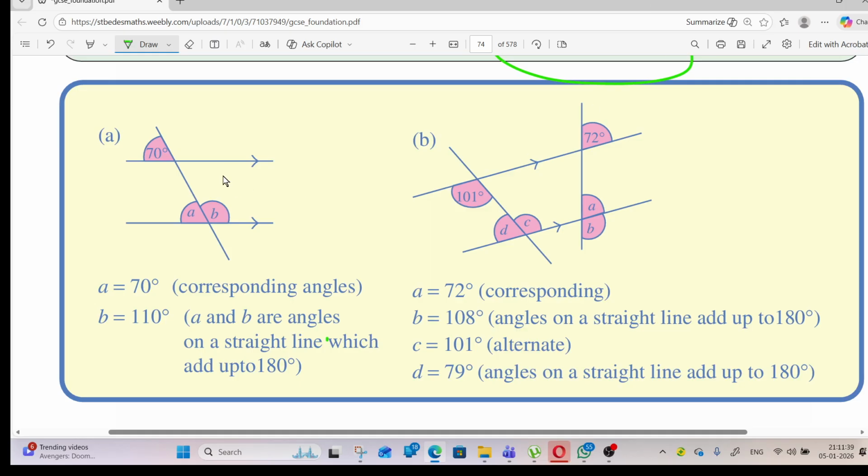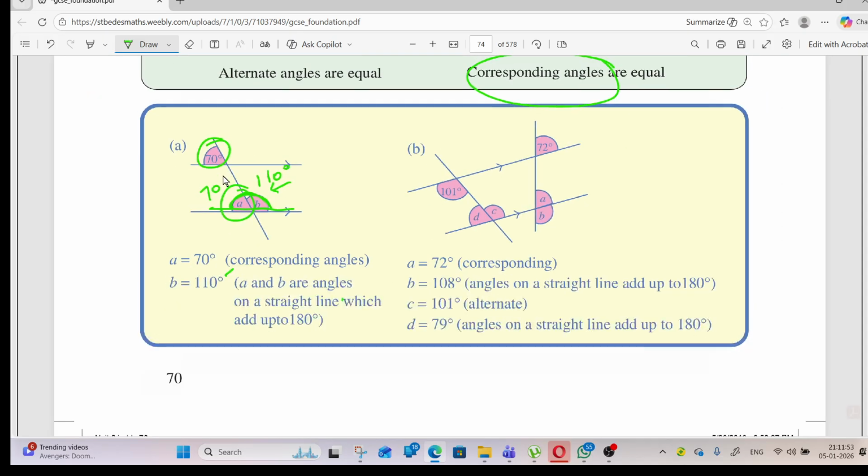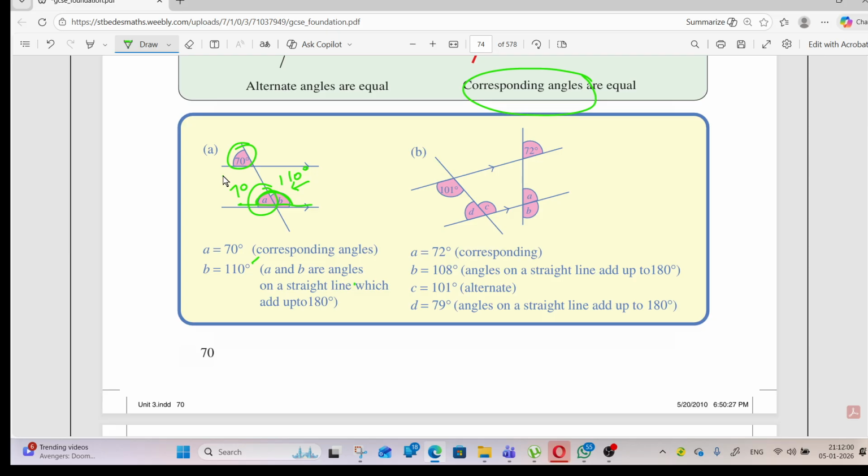So this angle is corresponding to this, so they are going to be equal. If this is 70, you can find b, because this is a straight line, and angles on a straight line add up to 180. So if this is 70, this is going to be 110. You can just subtract 70 from 180 to find the other angle, right? In this one, you can see angle a and this 72 are corresponding, right?